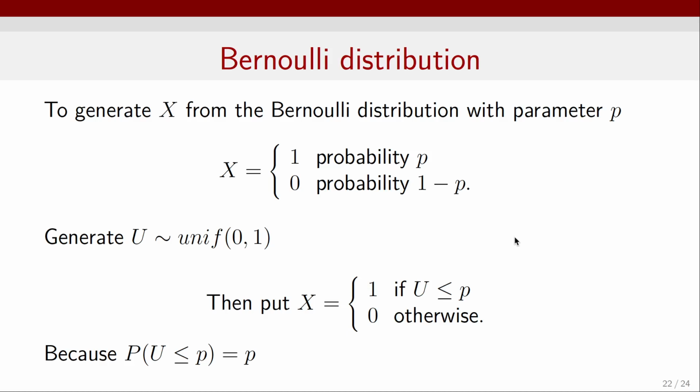So to do that, one way to do it would be to generate a random variable u that's uniformly distributed between 0 and 1, and then set x equal to 1 if u is lower or equal to p, or 0 otherwise. So that's if u is greater than p. Now, obviously this works because the probability of u being lower or equal to p is equal to p.